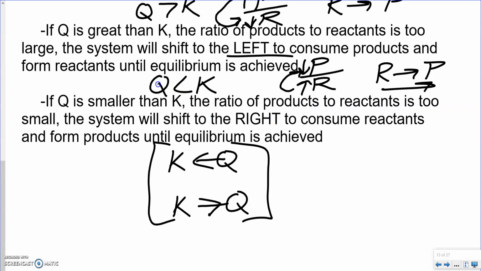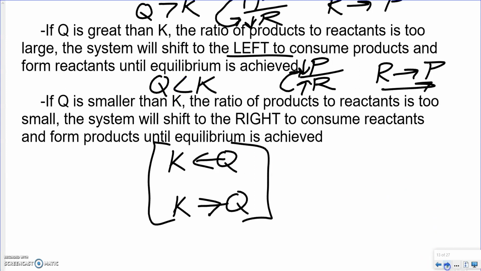So again, Q tells us shifting, K tells us favoring. So two very distinctly different things. Once K has been reached, we can then look at the amount of reactants and the amount of products and say who is being favored. And again, the more reactants, the more reactants are being favored. The more products, the more products are being favored.